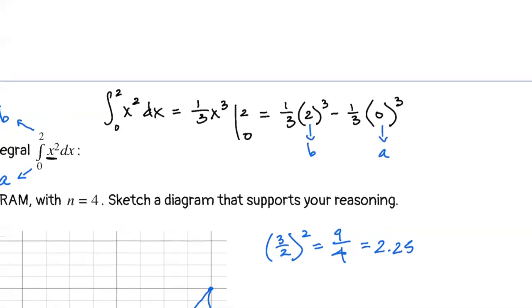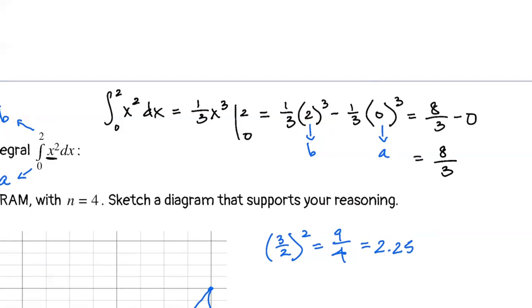Okay. And let's do a little bit of computation. 2 cubed is going to give me 8, not 6, right? And so 8 times 1/3 will give me 8/3. And then this whole second chunk will become 0. And so we get 8/3. Okay.